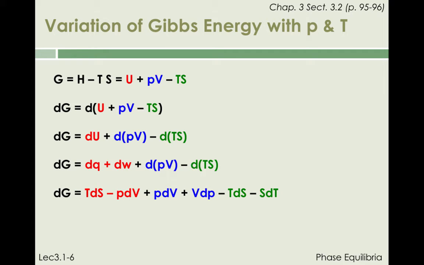So we get dG equals TdS minus PdV plus PdV plus VdP minus TdS minus SdT. This equation can be simplified to yield a very important equation: dG equals VdP minus SdT.